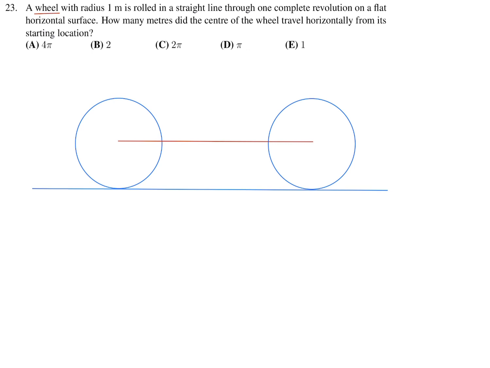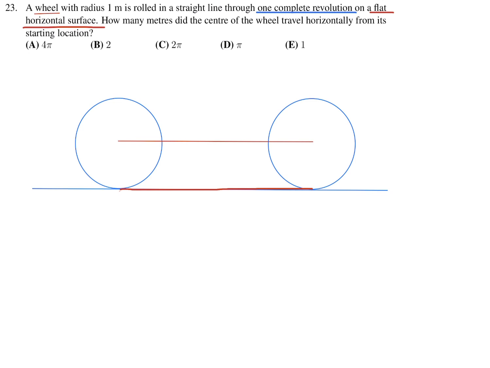Well, this question basically says that the wheel is turning one complete revolution. So that means that along the flat horizontal surface, it's going to travel from here and then eventually end here.